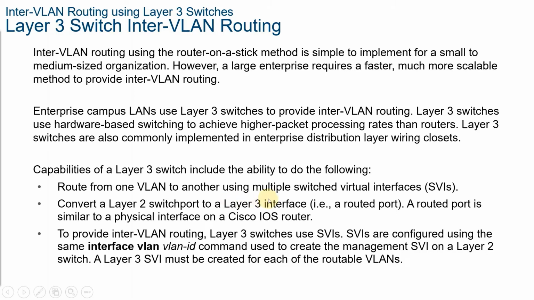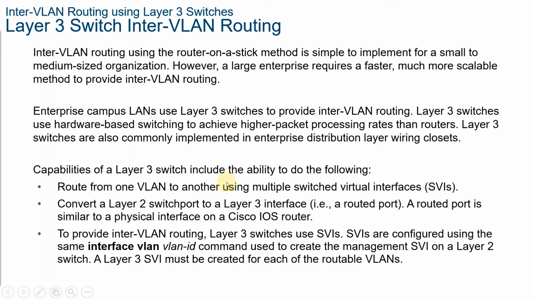Enterprise campus LANs use layer 3 switches to provide inter-VLAN routing. Layer 3 switches use hardware-based switching to achieve higher packet processing rates than routers. What are the capabilities of a layer 3 switch?